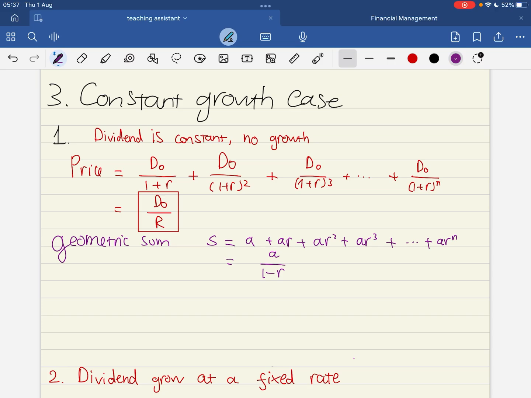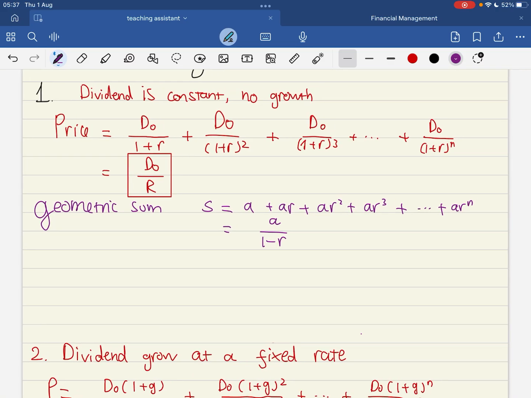So if I rewrite the original formula that I have already put down here, we can have something which also looks like this.